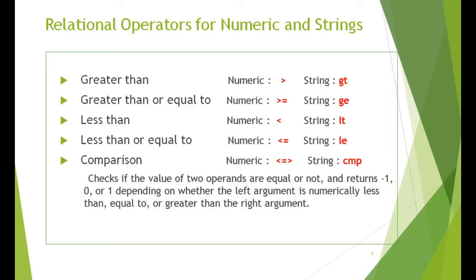If the left operand is less than the right operand, then this operator will give a value of -1. If both operands are the same, it will give a value of 0. If the left operand is numerically greater than the right operand, it will give a value of 1. The corresponding operator here for strings is cmp.